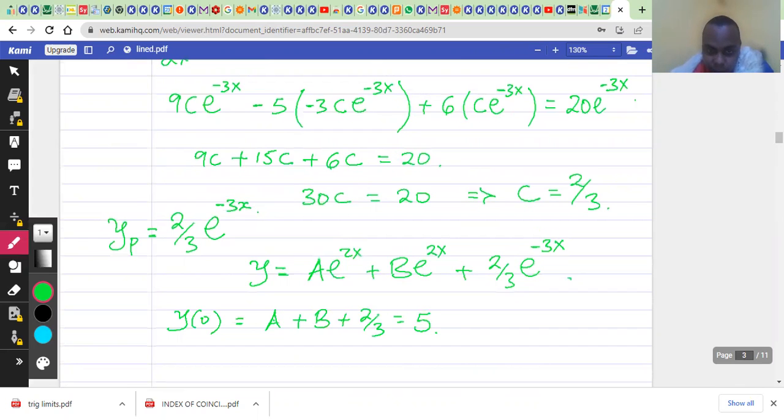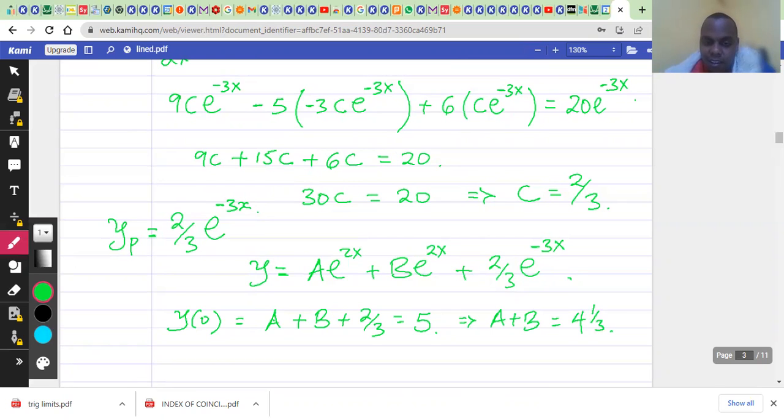Yep. And so this is going to mean that A plus B is equal to 5 minus 2/3. It's going to be 4 1/3. I don't understand that notation. Which one? 4 1/3.